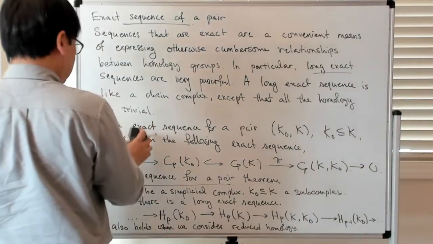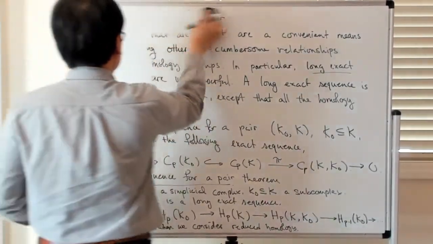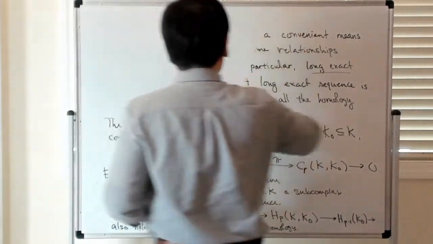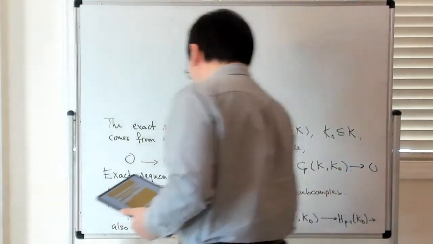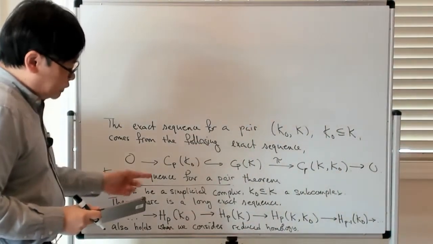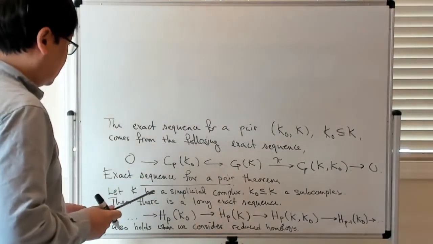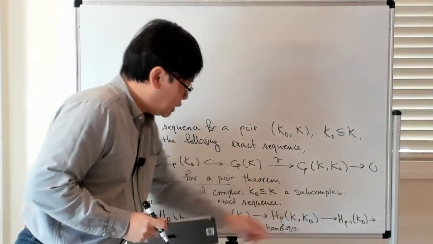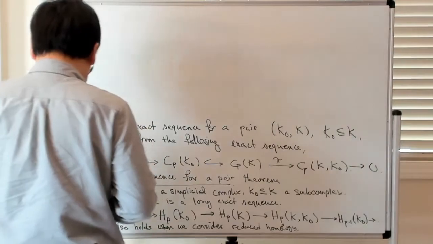Let me say a little bit about what's going on. And then, more importantly, I'm going to show how this exact sequence for the pair gives you a very systematic way of constructing or computing the reduced homology.